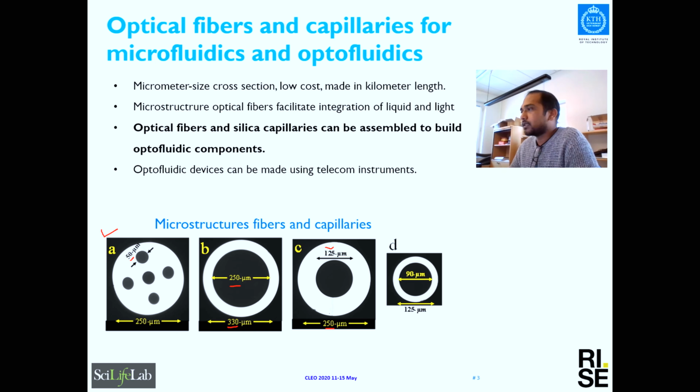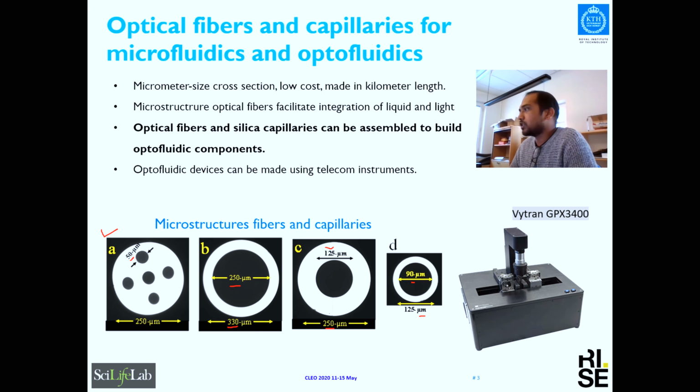We can also have silica capillaries that are standard telecom size fibers with a 125 micron outer diameter and 90 micron inner diameter. These fibers can be spliced or manipulated otherwise using a glass processing station called Vytran, and we build the optical fiber components with these fibers.